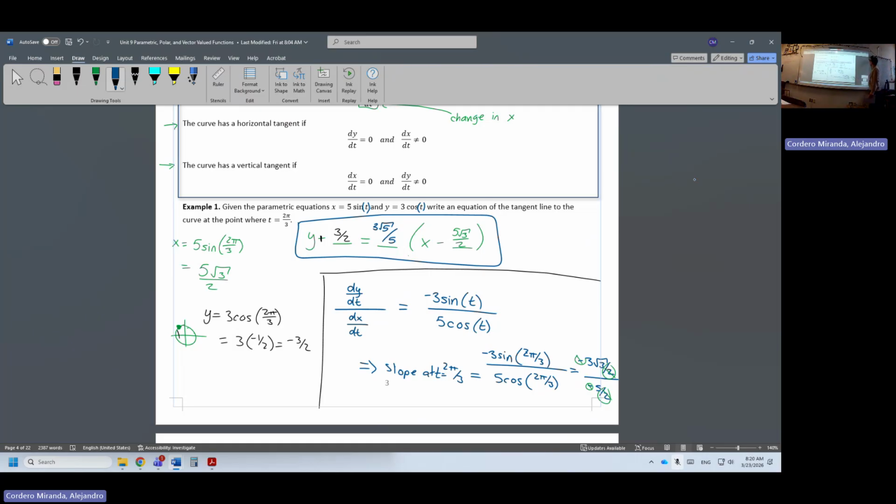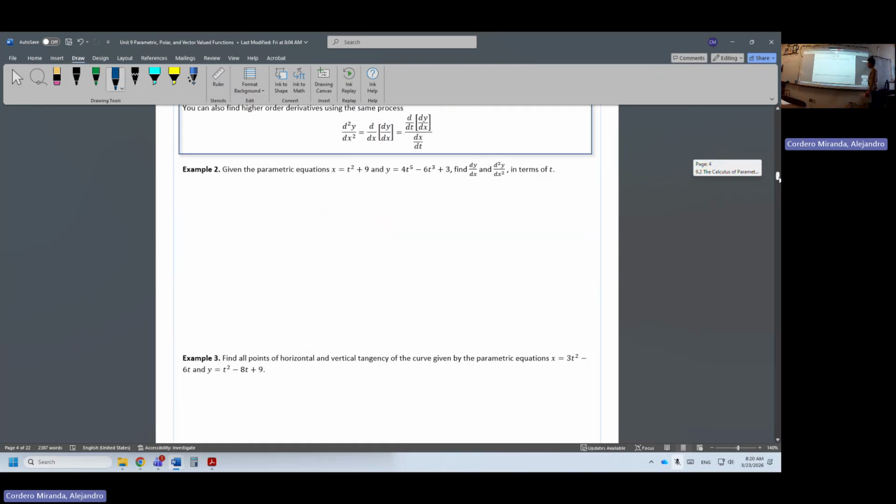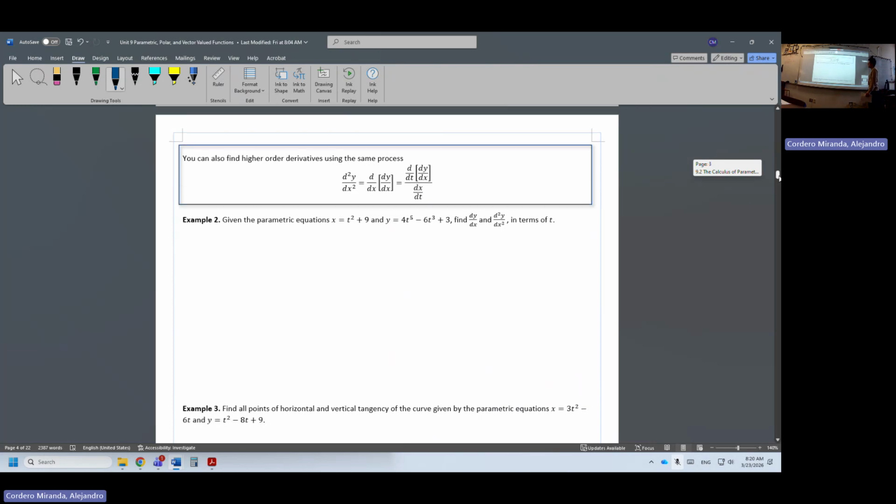Okay, next one, I think, actually, I don't remember if it's the second derivative one. Yeah. The next one asks for the second derivative, as in the second derivative of y with respect to x. So this guy right here. And I'll tell you about that in a second. But of course, for that, you're going to need to find the first derivative. So let's do that really quick.